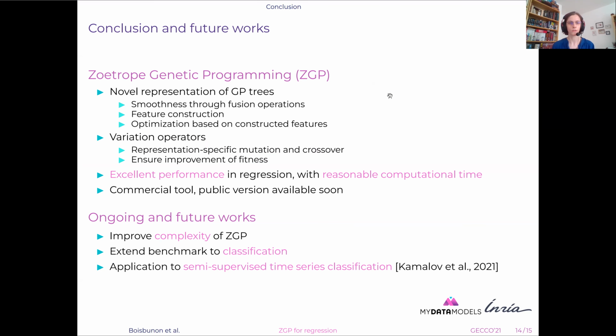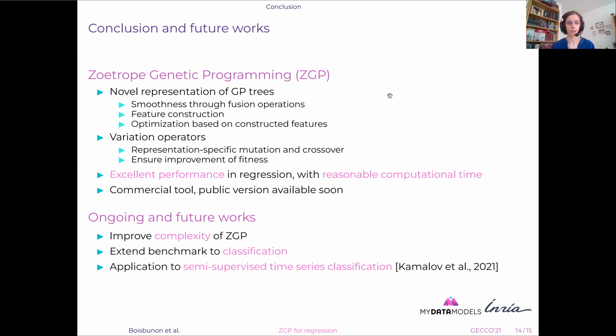I presented you our novel symbolic regression algorithm, ZGP, with a novel representation of how the trees are built, and it allows both feature construction, efficiency, good performance, and some kind of smoothness in the search space.